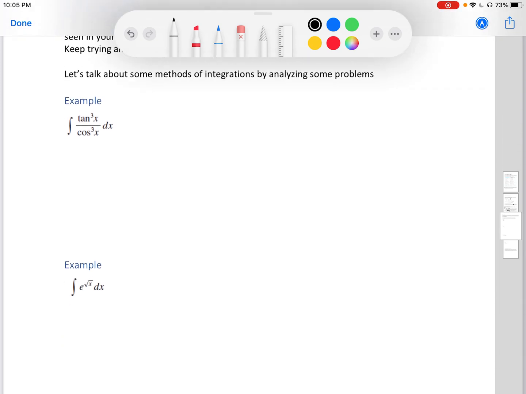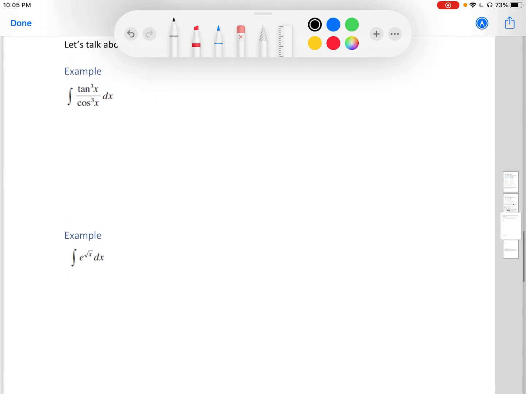So let's talk about some methods of integration. For the first one, we see that we have tangent cubed over cosine cubed dx. Well, it might be worth our efforts to remember the reciprocal functions. So if we have cosine cubed, we can write it as secant cubed.